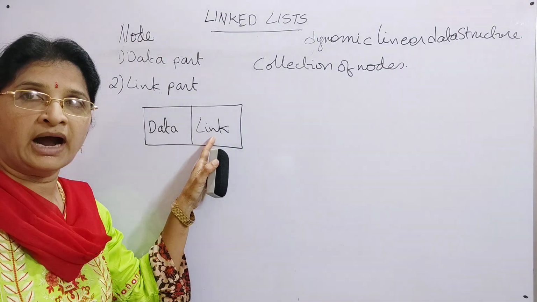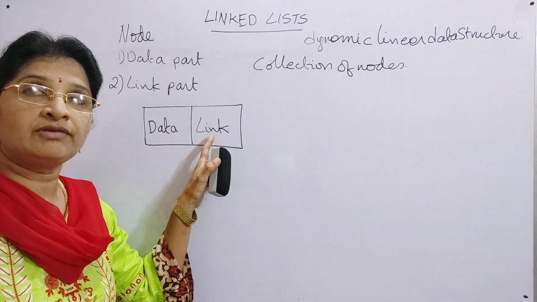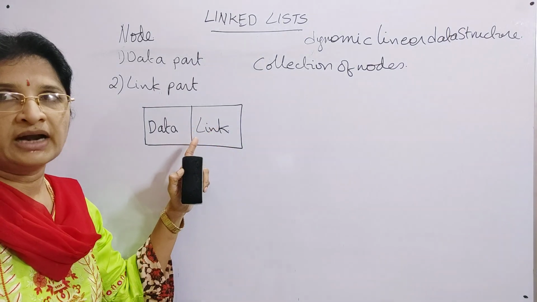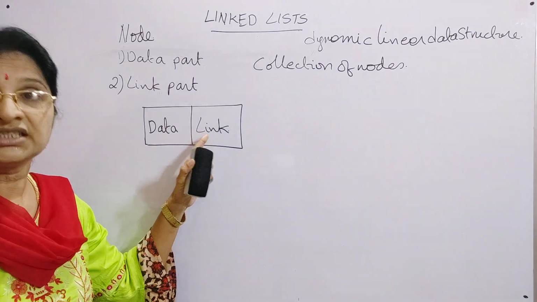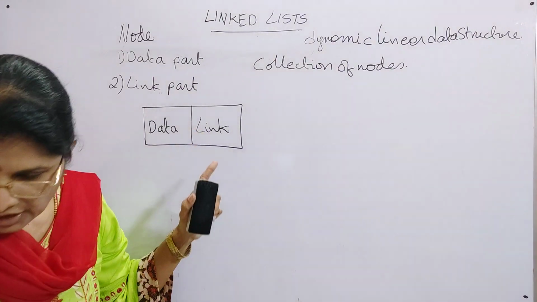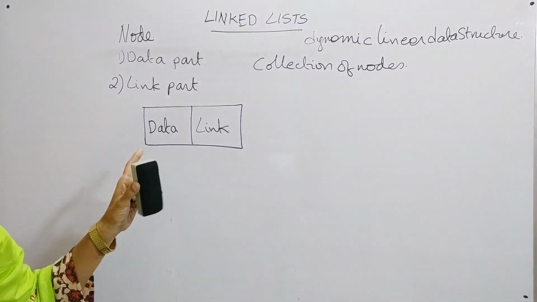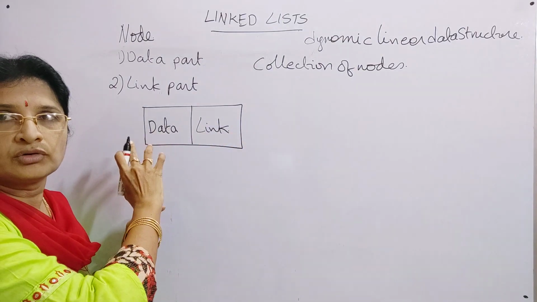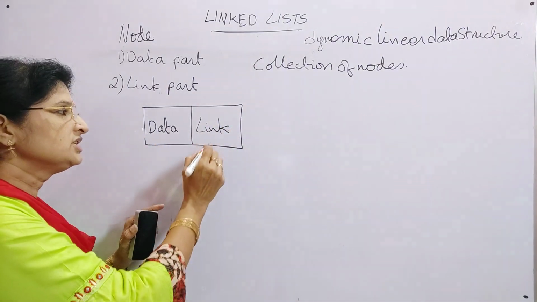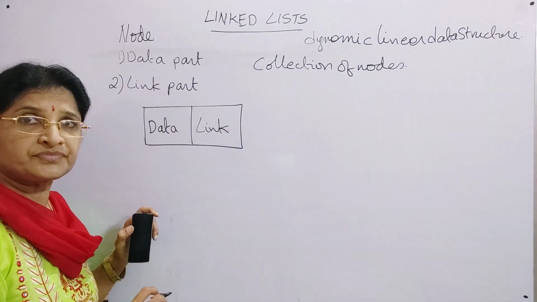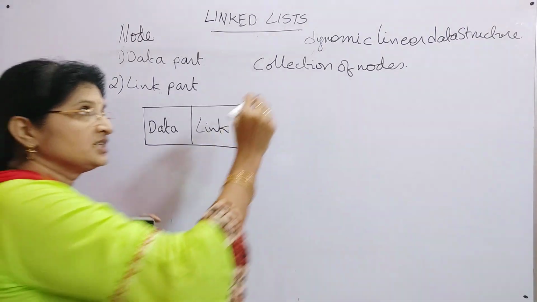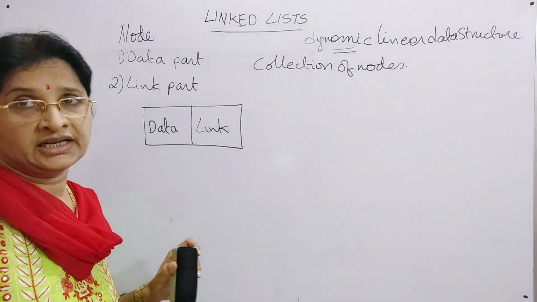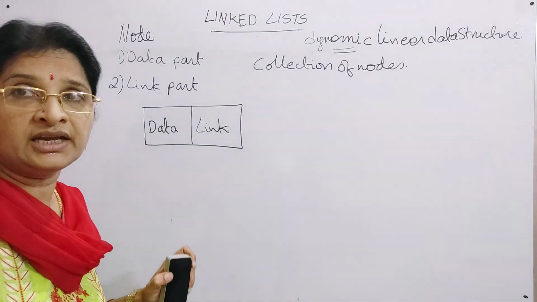These pointers provide the links that hold the list together as a unit. Here we use pointers, so that's why we say it is a dynamic linear data structure.